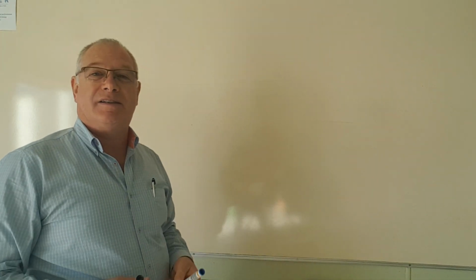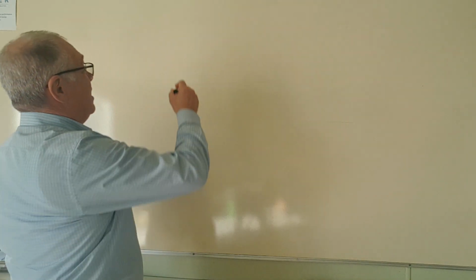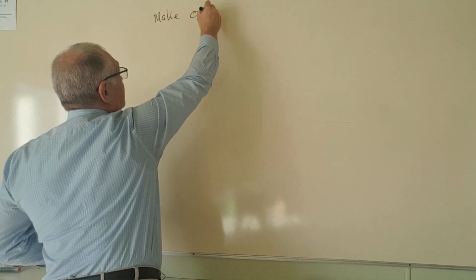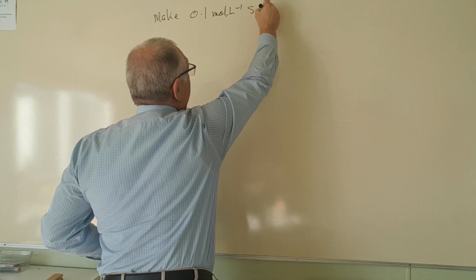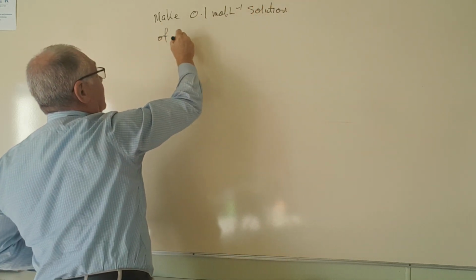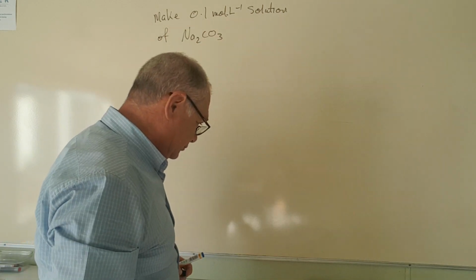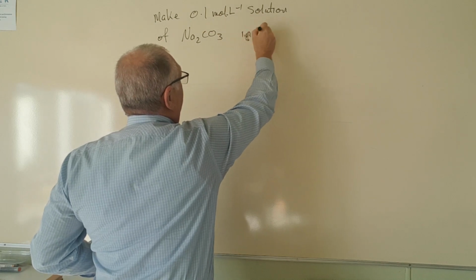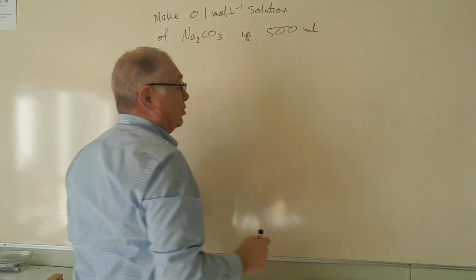Let's have a look at a second type of problem, and this time I want to make a 0.1 mole per litre solution of sodium carbonate in a 500 millilitre beaker or container.